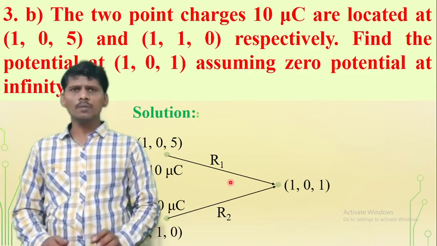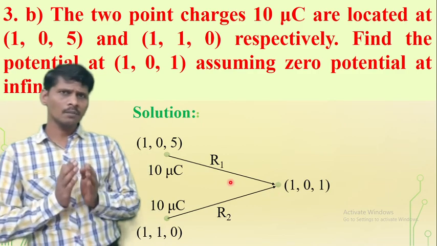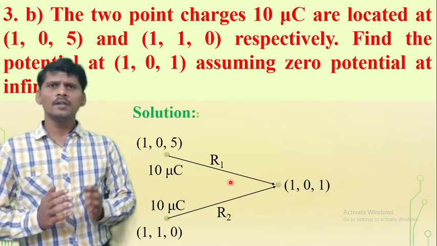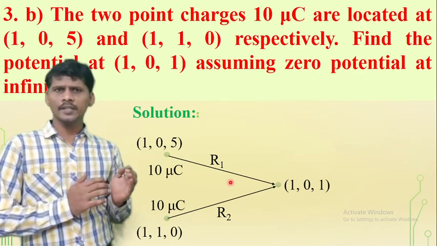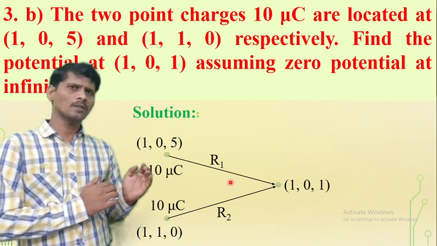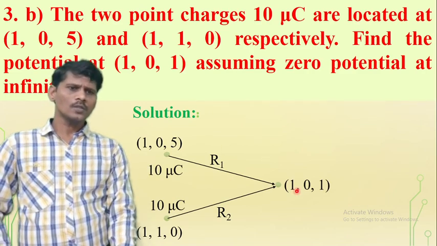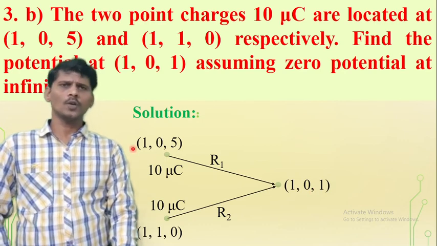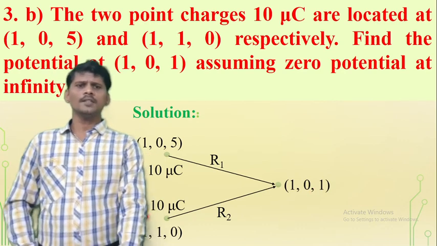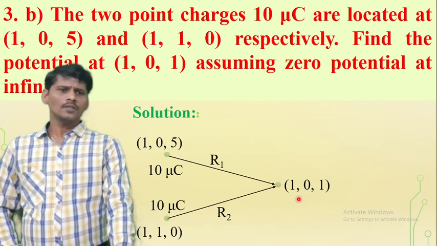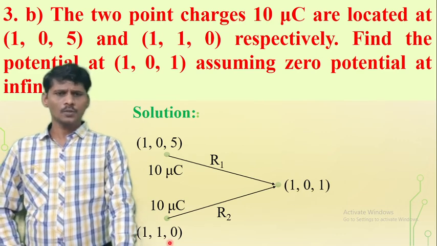The distance R1 can be estimated as follows. The potential is calculated at 1, 0, 1, so the distance capital R1 is equal to this coordinate point minus this coordinate point. Similarly, the distance R2 is equal to this coordinate point minus this coordinate point.